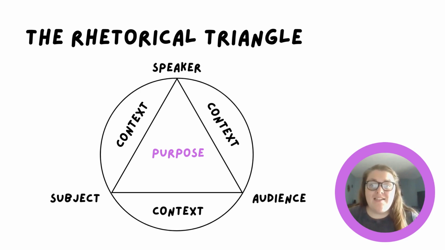However, if that audience changes to a room full of kindergartners, that purpose is going to be very different. The professor is no longer preparing them for a test. Instead, the purpose might be to introduce them to the idea of photosynthesis, or it might just be to spark an interest in science. This illustrates how just changing one of the components of that rhetorical situation can alter the overall purpose.